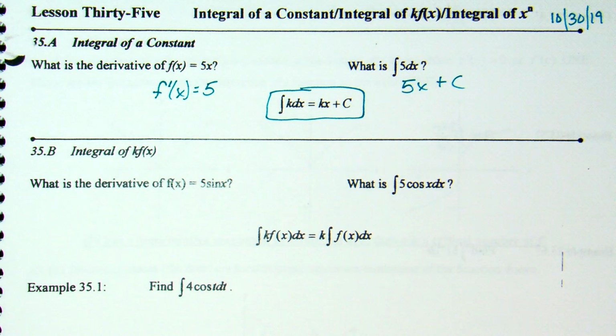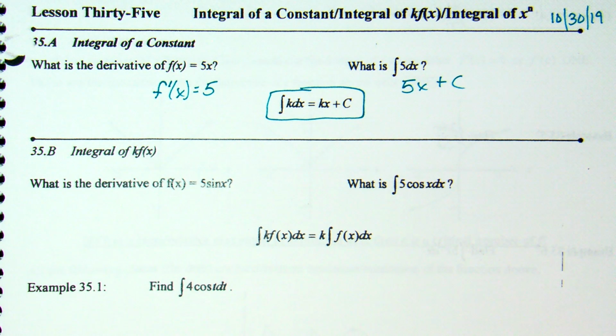Let's try to look and see. We did this back in lesson 32. Remember, this is the one we start off with. There's 3 different things you had to take the derivatives of. They were all 2x. The derivative of x squared is 2x. Derivative of x squared plus 42 is 2x. Derivative of x squared minus 165 is 2x.